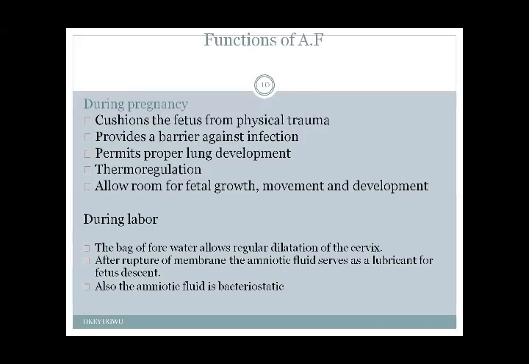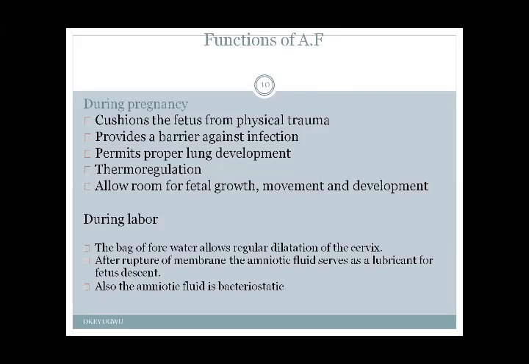It cushions the fetus from physical trauma in the later gestation, because the uterine muscle is very strong and tough. It is protecting and holding the fetus, and it gives strength and protection to the developing fetus.